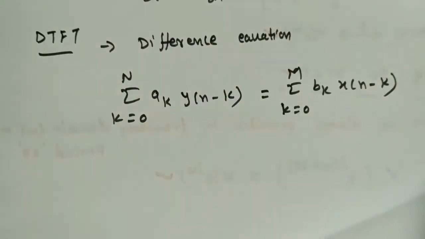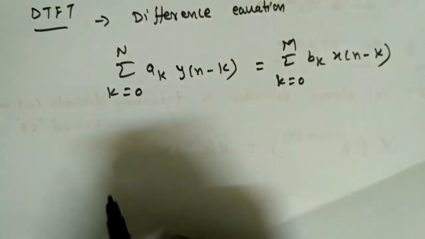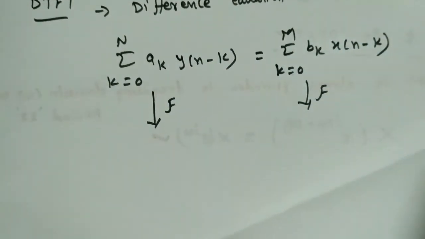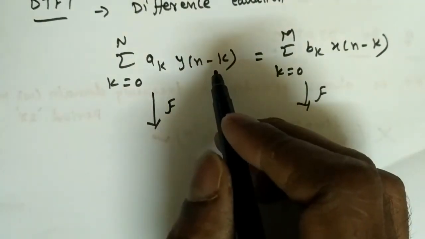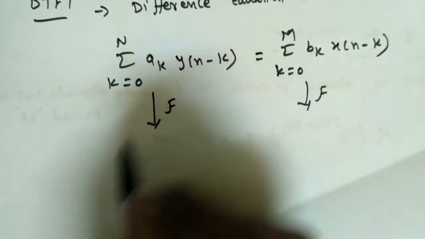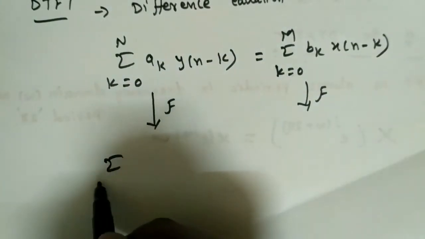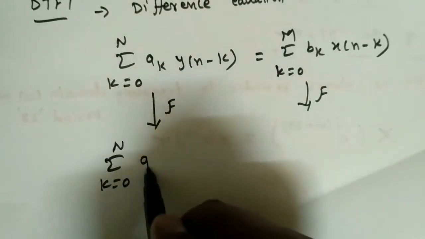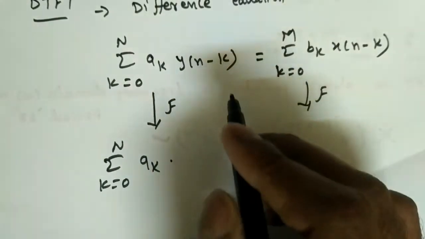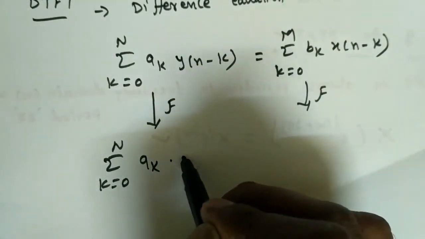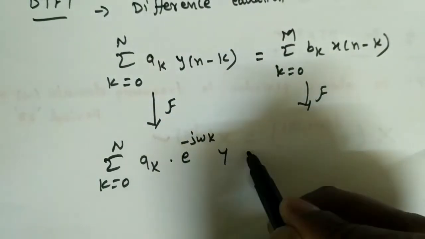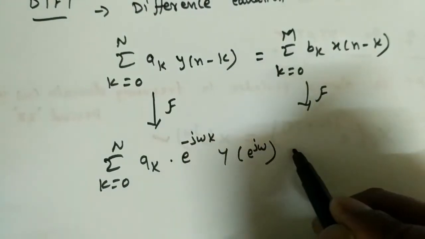Now how to find the frequency response from this? To find the frequency response we have to take the Fourier transform of both signals. Whenever there is shifting, we get e power minus j omega n naught. So sigma k equal to 0 to n, the constants remain the same, into y of n minus k, which gives e power minus j omega k into y of e power j omega.